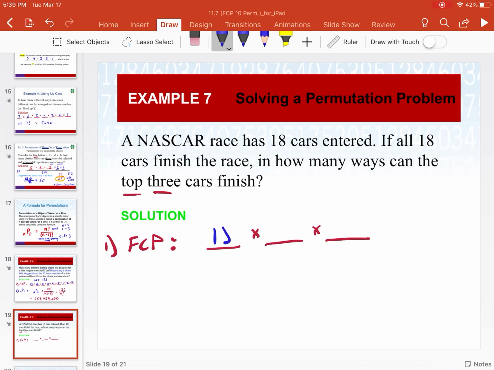Well, 18 cars finished, so there's 18 choices for first place. Now, once a car finishes first, how many are left? 17, and then 16. So 18 times 17 times 16, only 4,896, because you're only looking for first through third, not that many different slots.